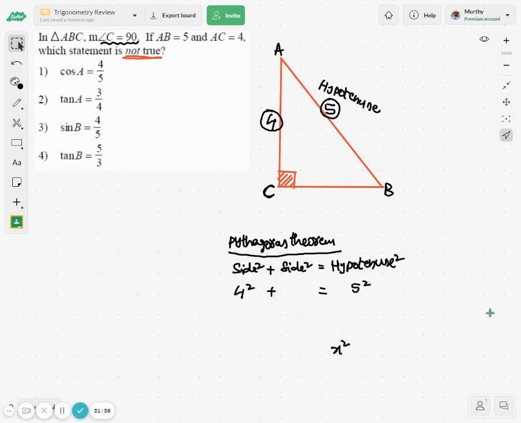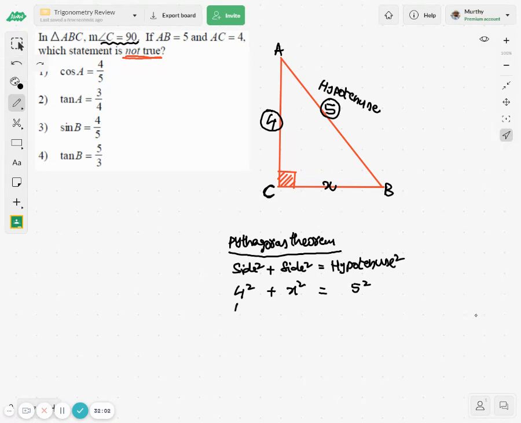Does it make sense now? And the side is missing here, so the other side is going to be x. Don't forget, when you label it properly, then you get the answer. Otherwise, there is a high chance of making a mistake.